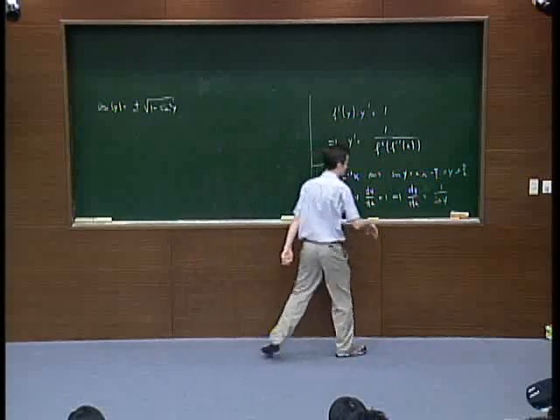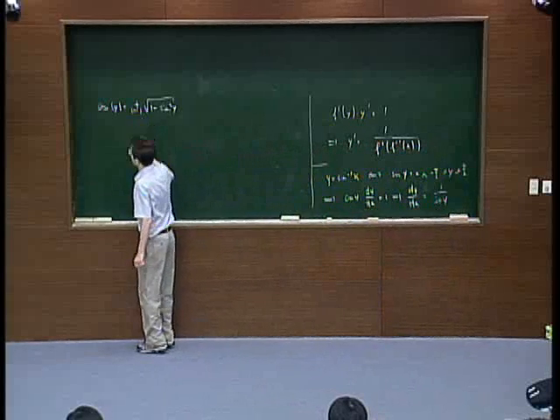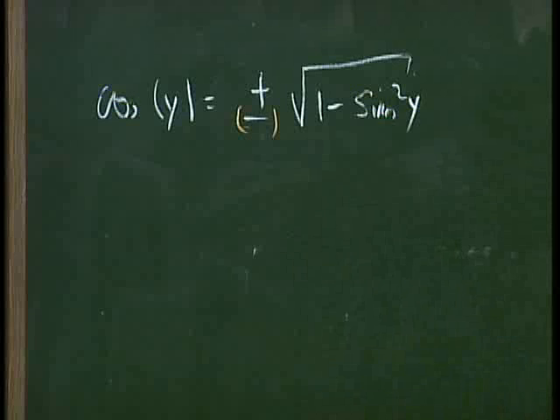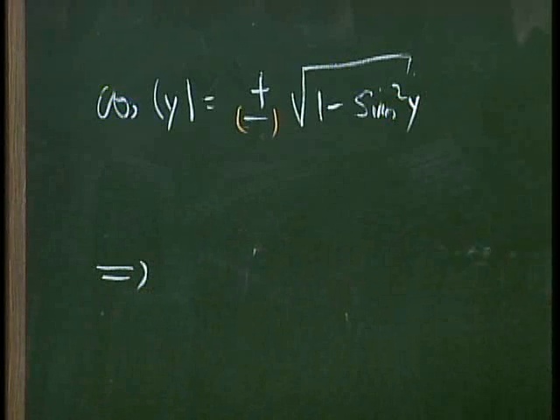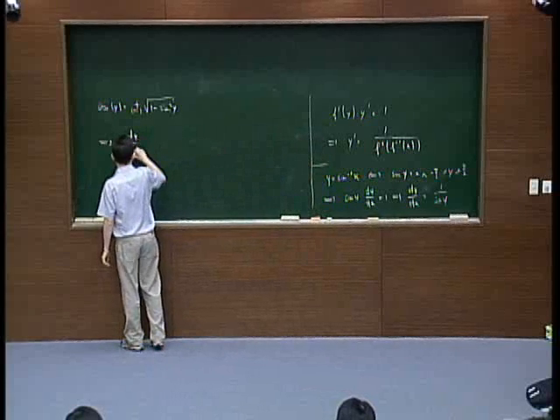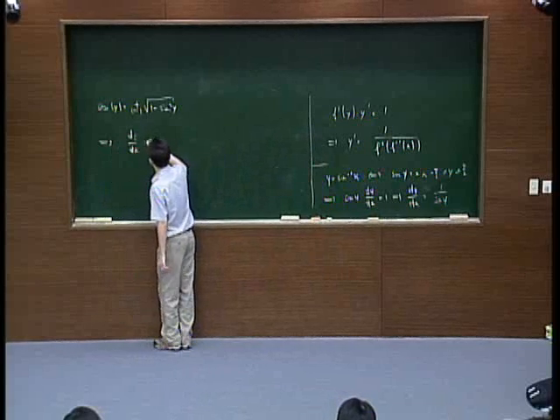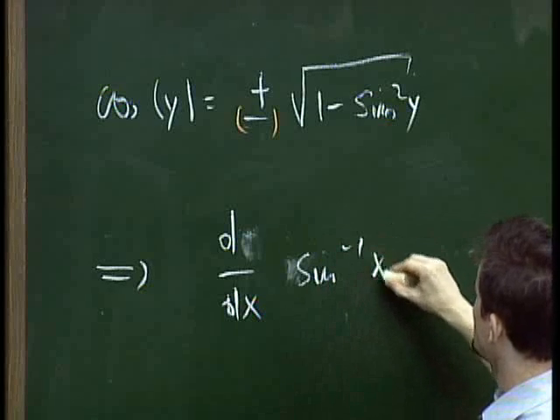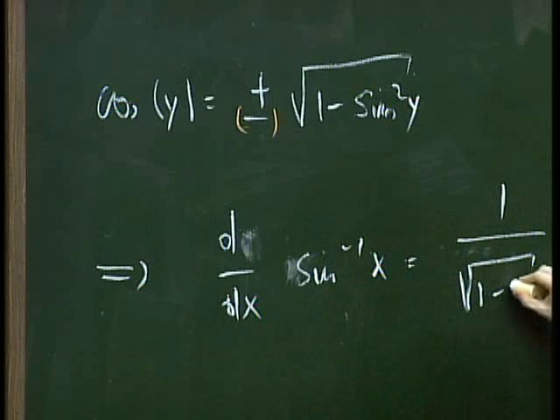So you can discard the minus solution. Then you plug in for y the inverse sine of x, and you get that the derivative of the inverse sine function of x is equal to the formula you might have learned already in high school.